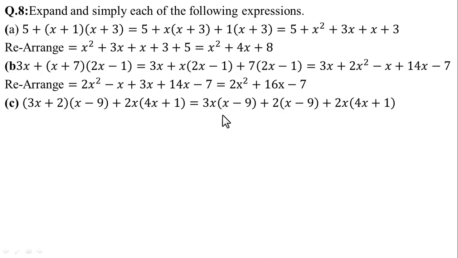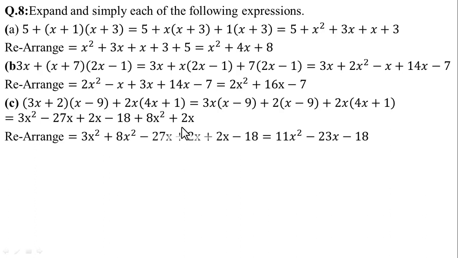Now multiplying the values, we have 3x square − 9 3s are 27x plus 2x − 9 twos are 18 plus 4 twos are 8x square plus 2 ones are 2.